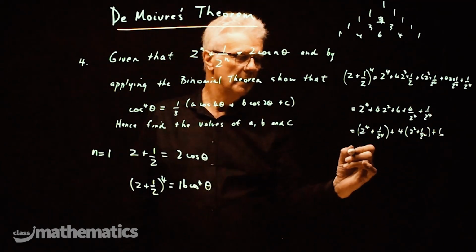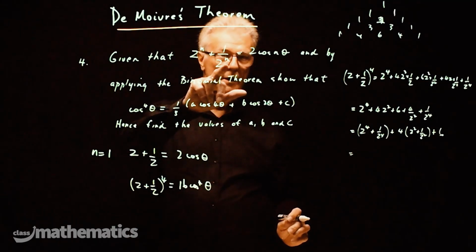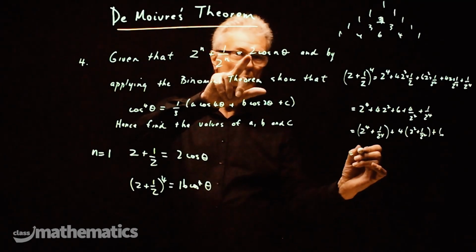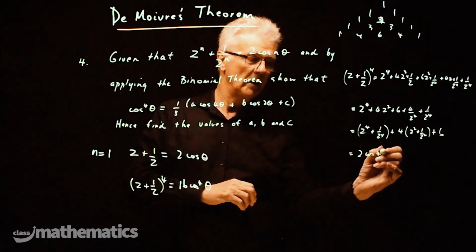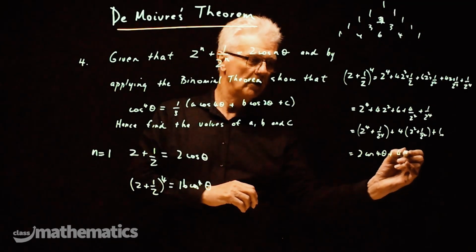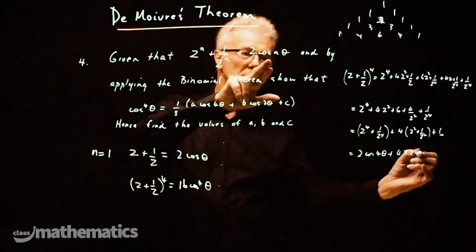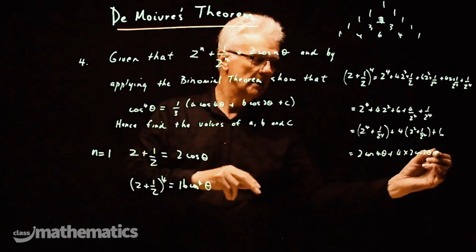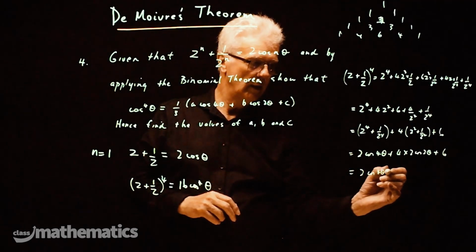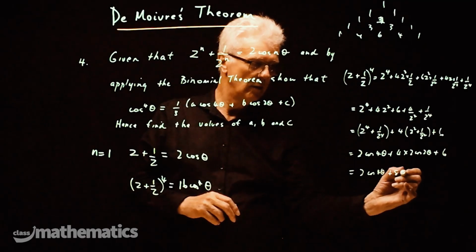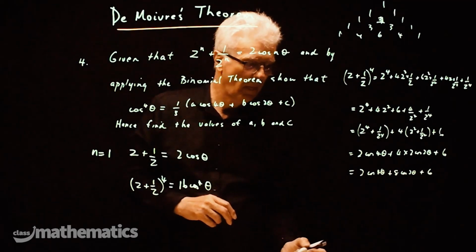From our formula, z to the 4th plus 1 over z to the 4th is 2 cos 4 theta, plus 4 times 2 cos 2 theta, plus 6, which becomes 2 cos 4 theta plus 8 cos 2 theta plus 6.